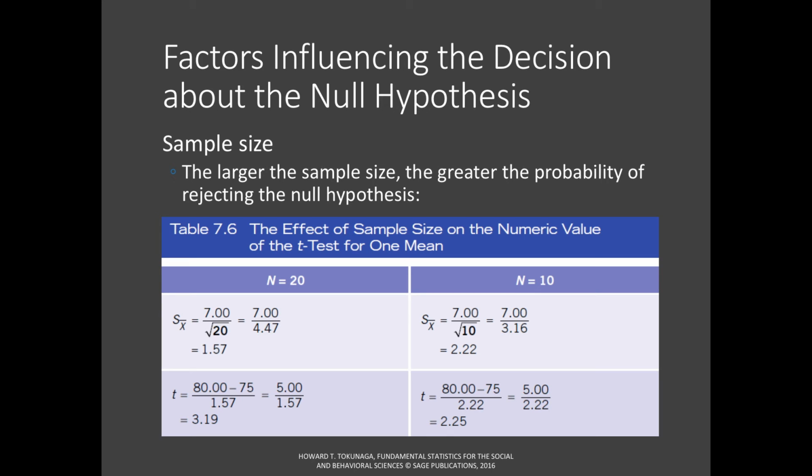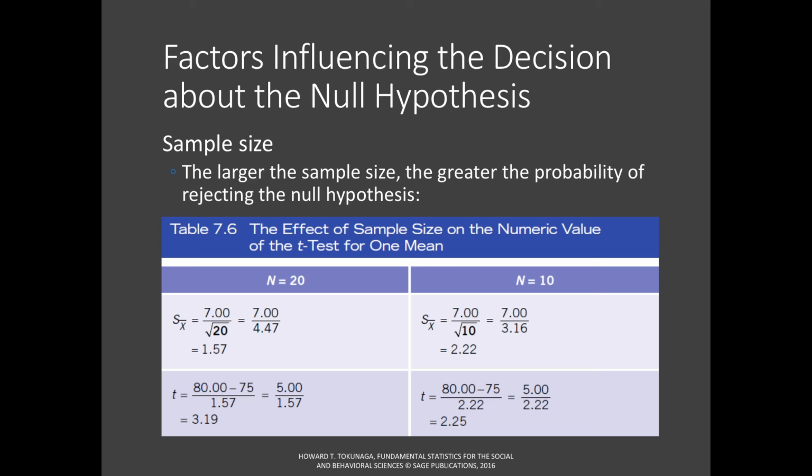Some other factors, the alpha level. So the larger the value of alpha, that 0.05, which can be changed. We won't change it in this class because that gets confusing with that degrees of freedom table. But if you were to change that in the real world, the larger the value, the greater the chance that you'll reject the null hypothesis.